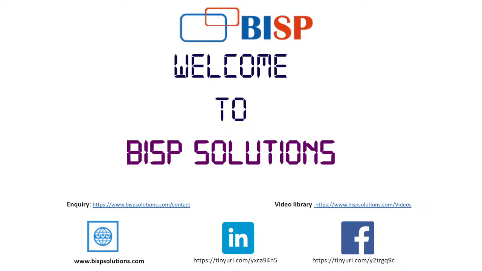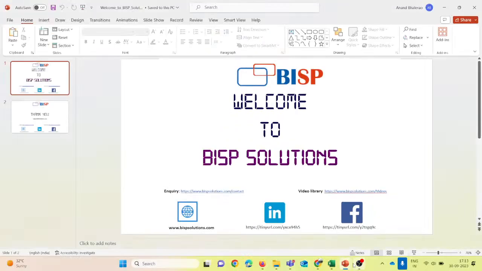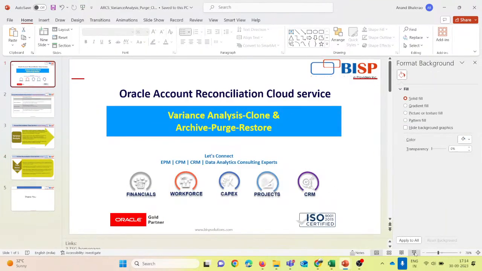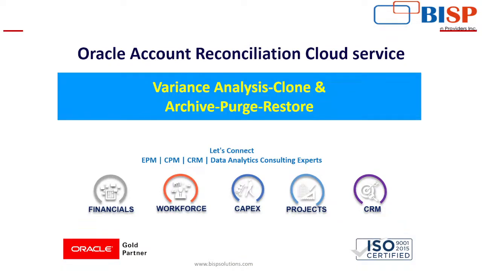We will also go through some functionality available in this application: cloning, archive, restore, and purging the data. So these are the topics we are going to cover in this session.